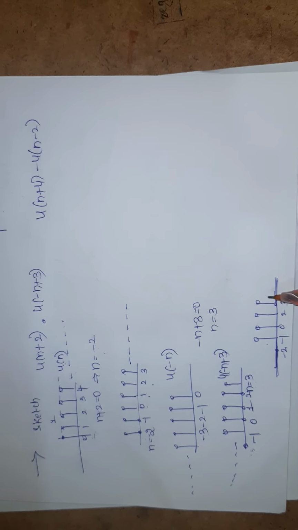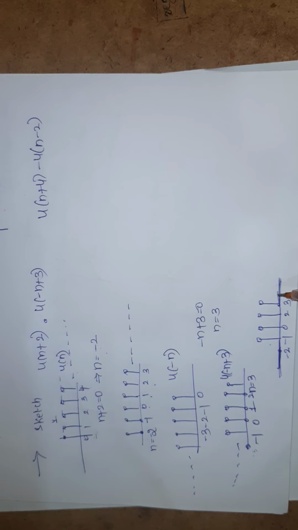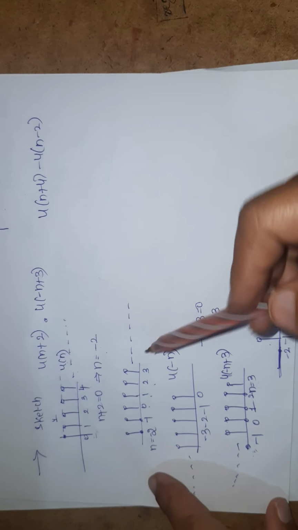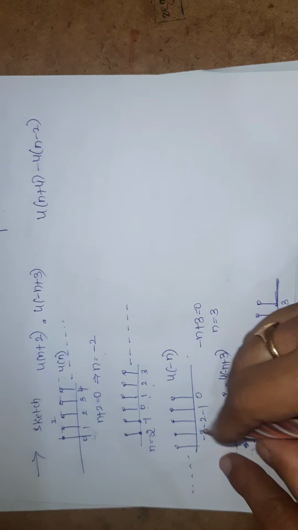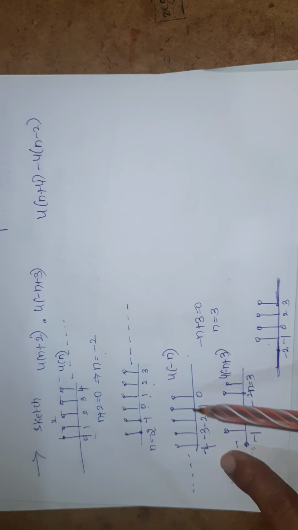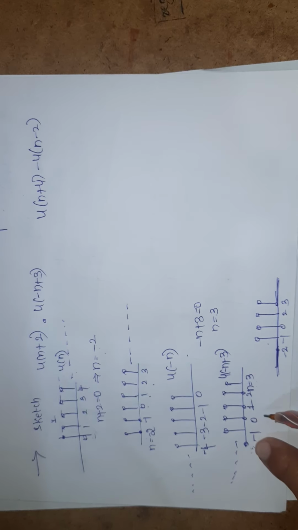Only 4 samples I will get. Here u of minus n, -1, -2, -3, -4 like this. U of n plus 2 is multiplied with u of minus n plus 3.